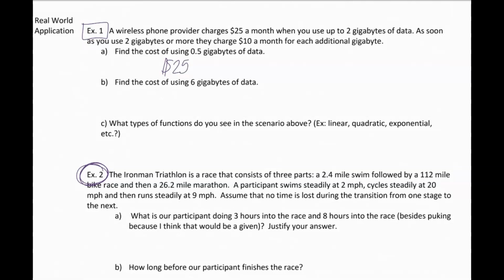Then it says find the cost of using 6 gigs of data. $65? Yes, good. I know it doesn't ask for it over here, but I'm going to quickly write the piecewise function that I would have created. Nowhere in this does it ask you to write this. I just want us to get used to using piecewise functions.